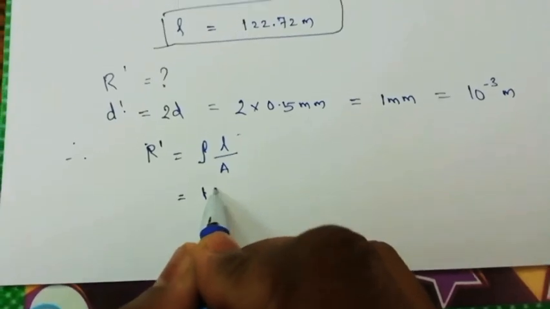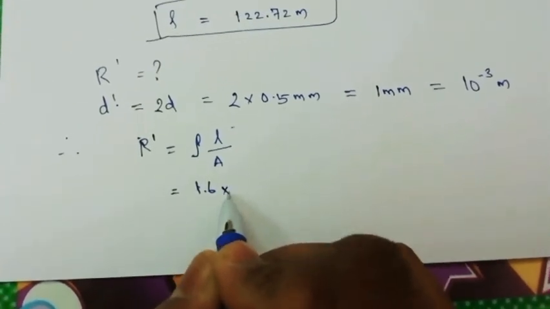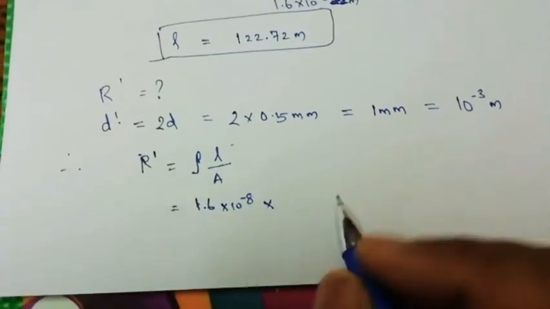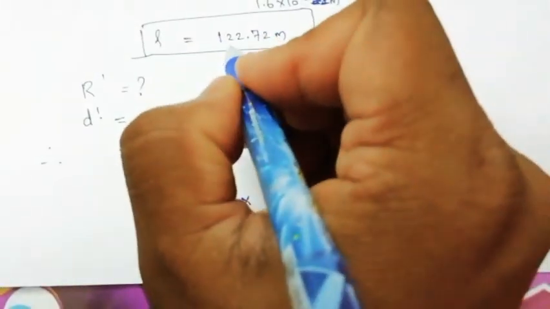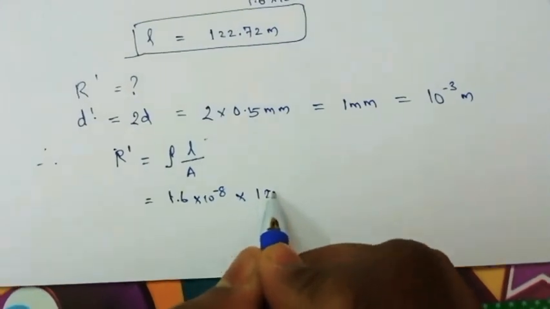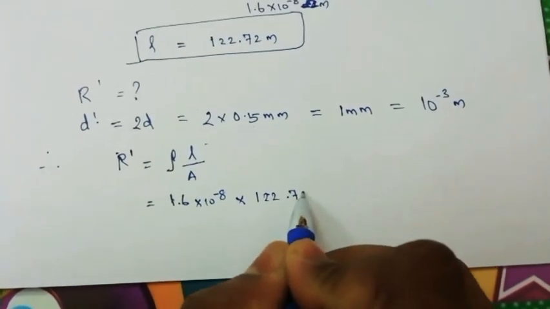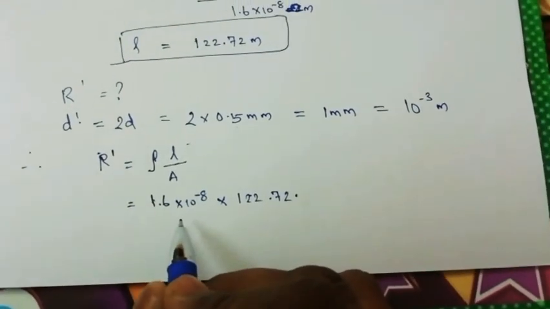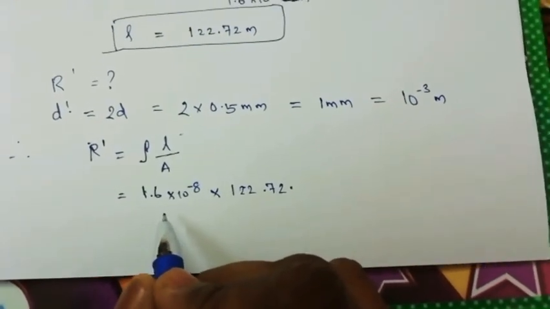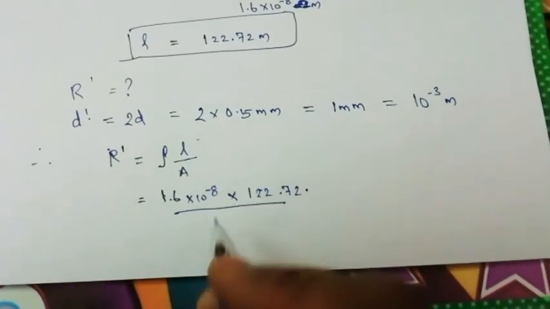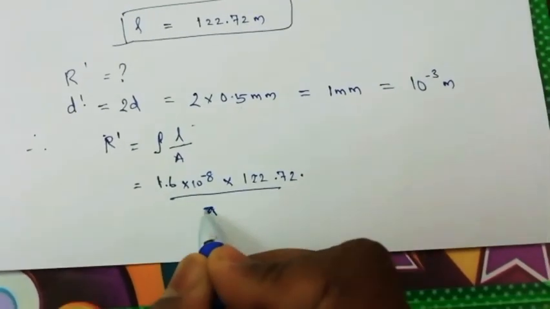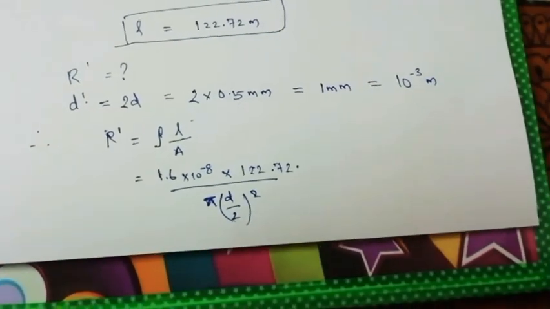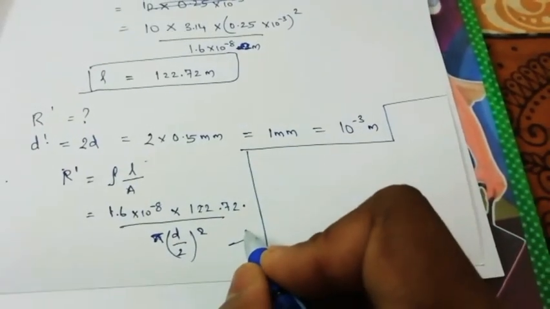Rho is 1.6 into 10 to the power of minus 8, into L, the length we just found, 122.72, and area is pi times (d by 2) the whole square.